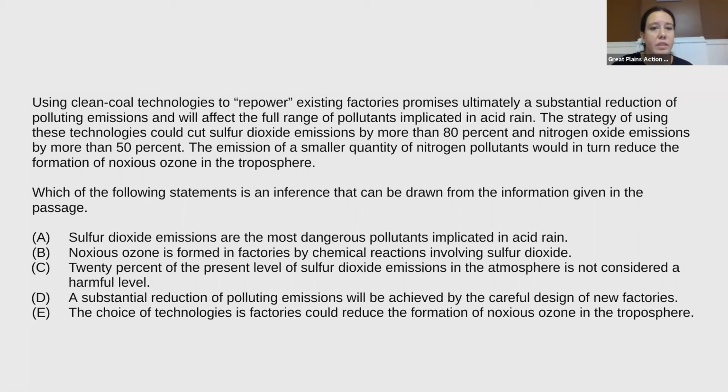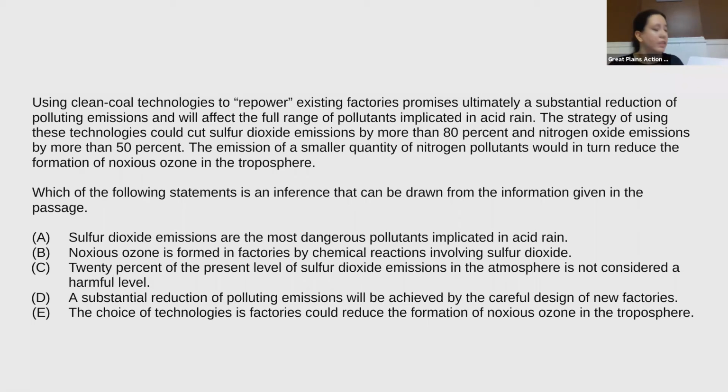So it says using clean coal technologies to repower existing factories promises ultimately a substantial reduction of polluting emissions and will affect the full range of pollutants implicated in acid rain. All right, so we can loosely translate that as a conditional because of the promise.